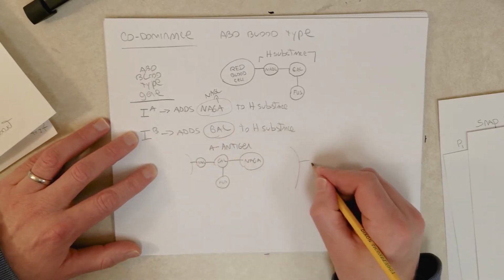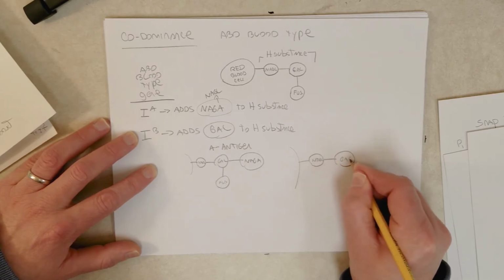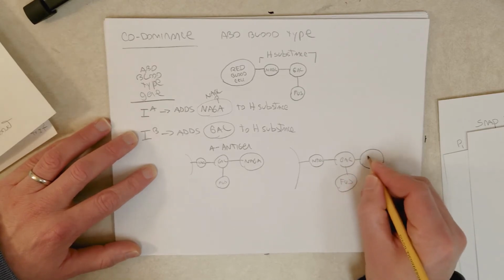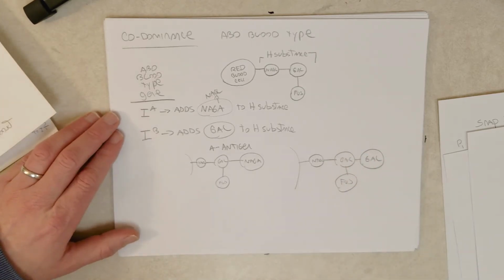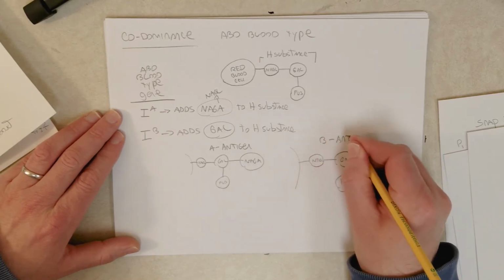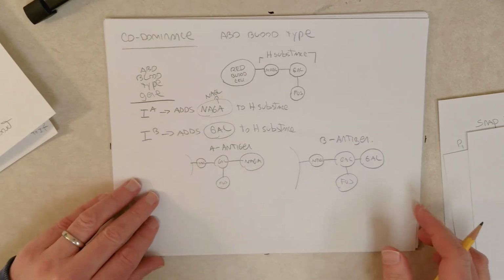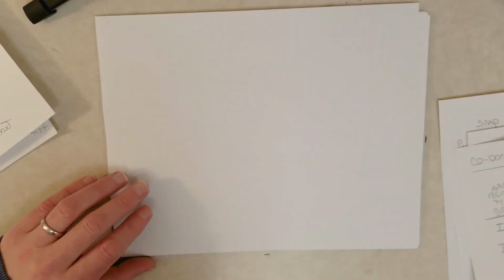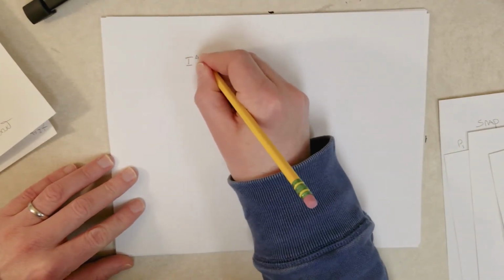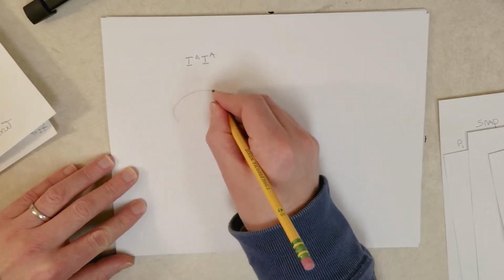Now, IB makes an enzyme that adds a different sugar to this part of the H substance, galactose. And this is the B antigen. So an individual with this genotype will have blood cells.